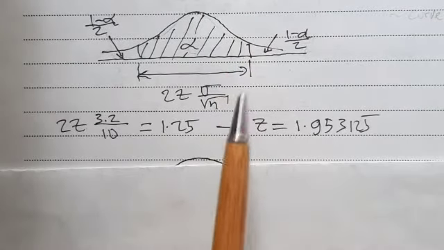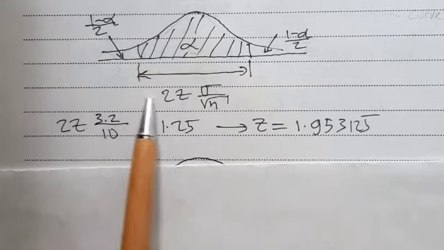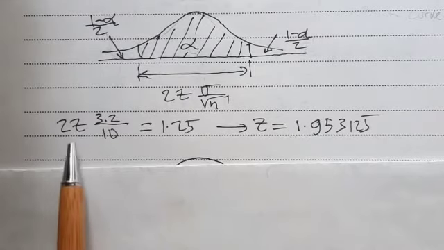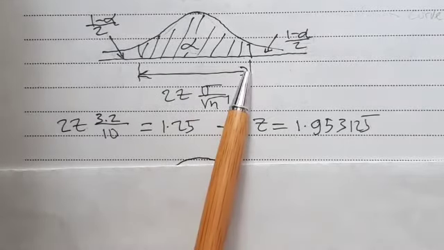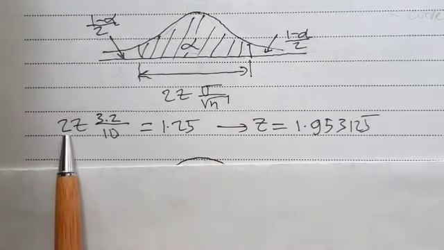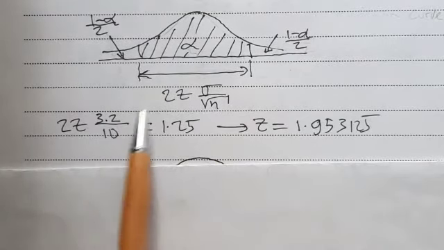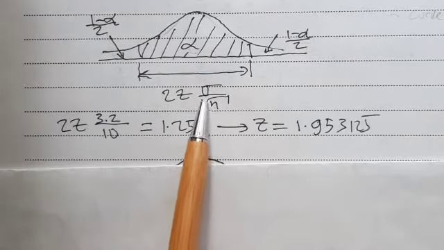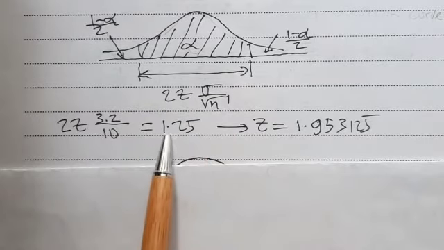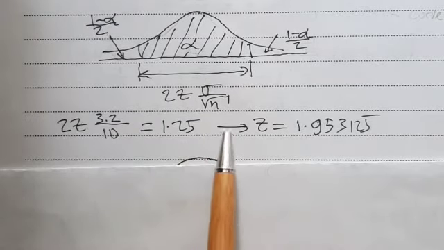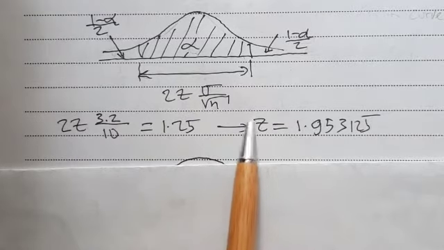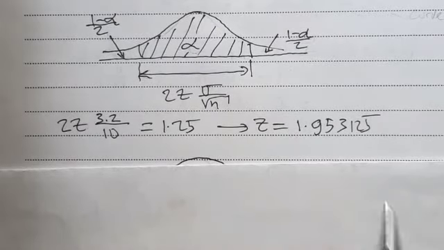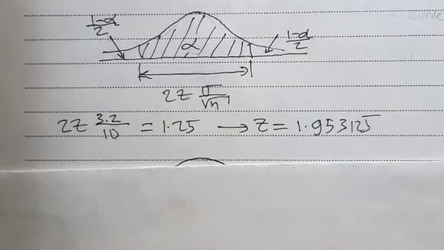From the question, we know that the width of the interval is 1.25, thus 2z times sigma, the standard deviation, that is 3.2, and sample size 100, square root of 100 is 10, equals 1.25. From the calculation we obtain z equals 1.953125, that is to 6 decimal places.